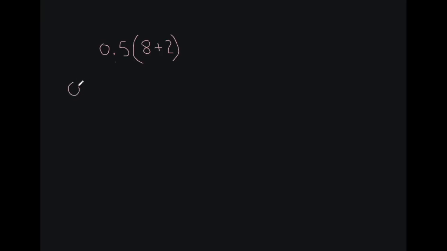We'll do 0.5 times 8 plus 0.5 times 2. 0.5 times 8, half of 8 is 4. Now 0.5 times 2, half of 2 is 1. Let's add the results. 4 plus 1 is 5.